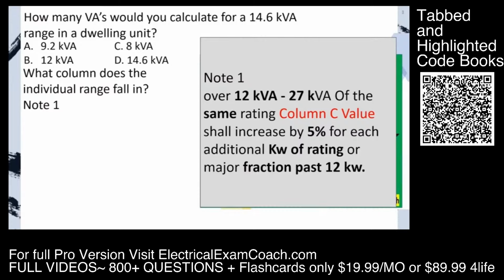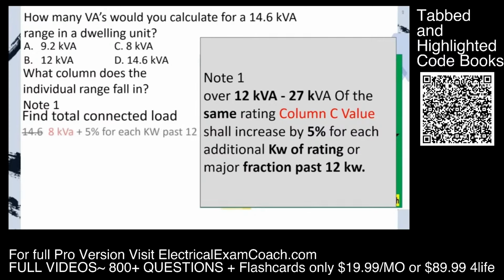Now that sounds really complicated, but I'm going to break it down piece by piece. Step 1 is find your total connected load. In this case, it told us to increase the column C value by 5%. So we start on the left-hand side and find our number of ranges, which is 1, and then we cross over and find the column C value, which is 8 kVA. It wants us to increase that number by 5% for each kW we are past 12.